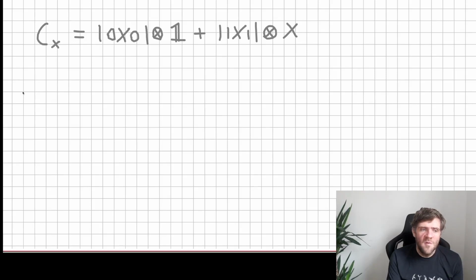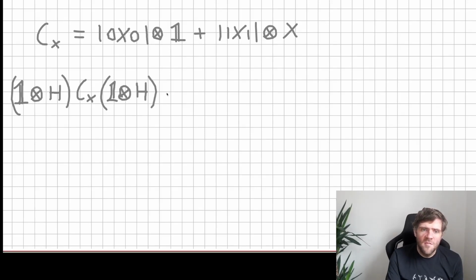Now if we were to apply the gate identity tensor H before the controlled knot and identity tensor H after the controlled knot, then the identities would not do very much to those parts of this equation before the tensor product. In fact, they would do nothing at all.